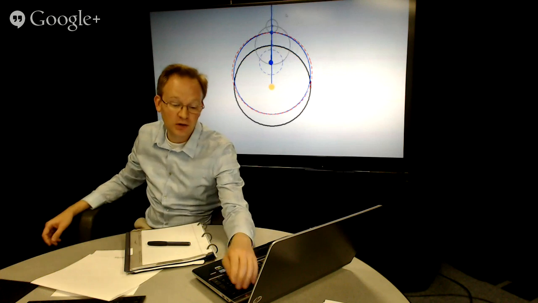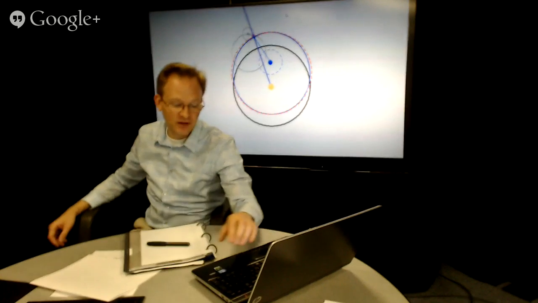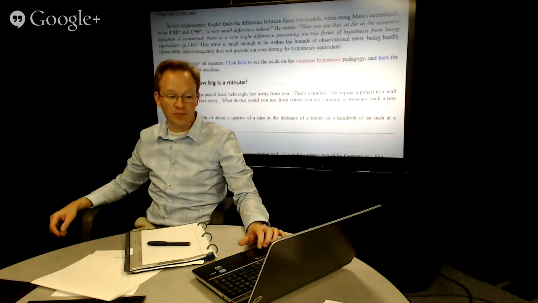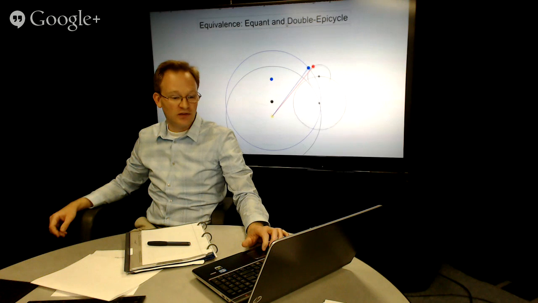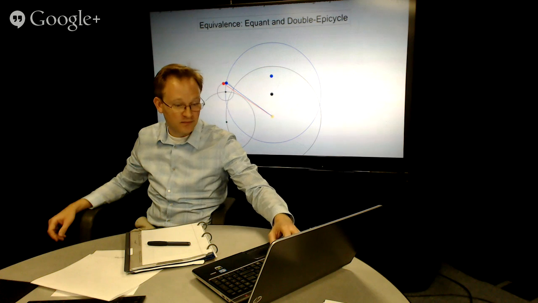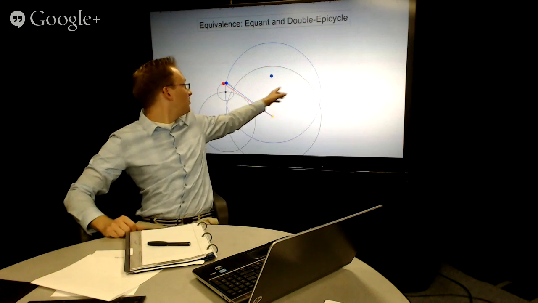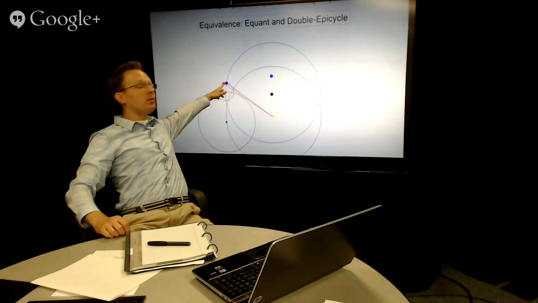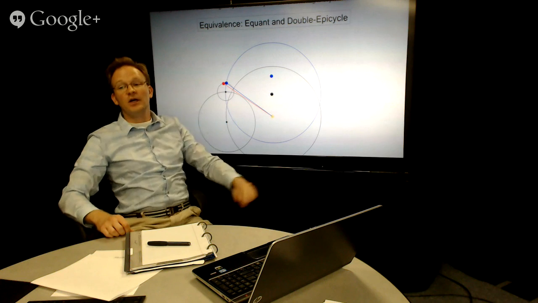It pushes it out, though, and Kepler brings that up in that chapter. But he says that wouldn't help. With this double epicycle idea, the planet gets further out at the middle longitudes. Here you can see the planet's pushed outwards on the double epicycle.